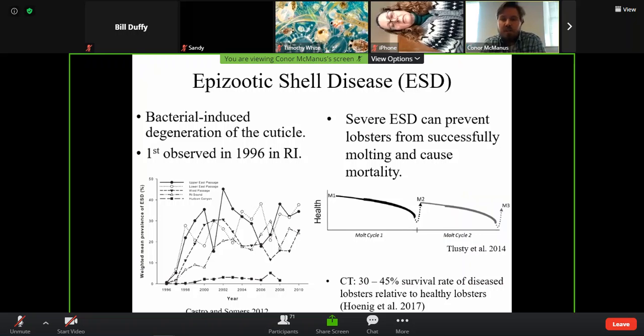Why do we care about shell disease? Well, the major concern is that it's a new aspect of natural mortality for the stock, in that it seems to prevent lobsters from successfully molting and ultimately cause mortality.